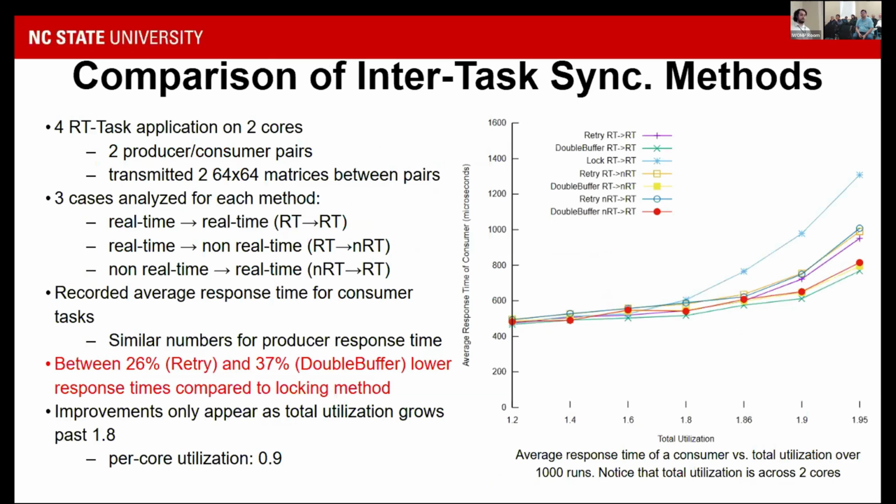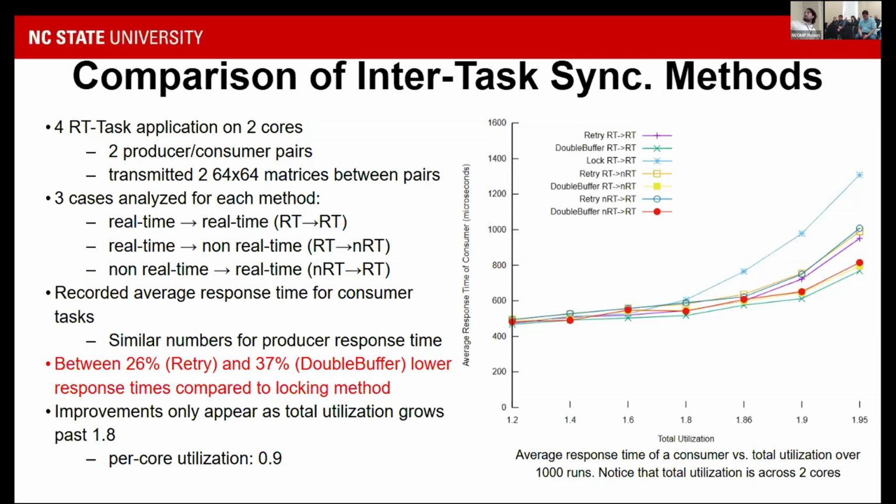So this goes back to the bots and EPCC synthetic task benchmarks. Compared to a lock-based method, we see lower increases in average response times as total utilization increases for the retry methods compared to lock-based.